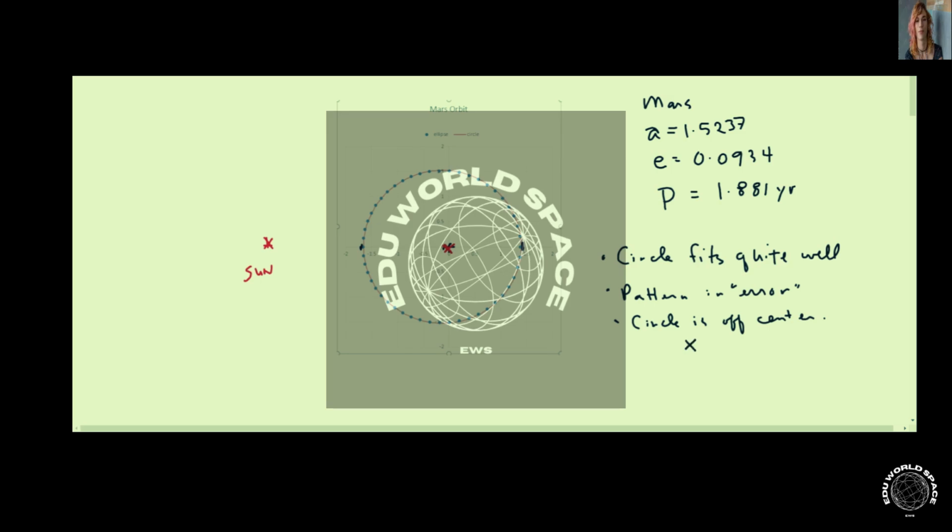In fact, the X center was shifted over by minus 0.13, roughly, according to the way I fit it. The fit on the radius, however, was fairly close to the actual semi-major axis. But the most noticeable thing was the position of the center of the circle is not at the sun.